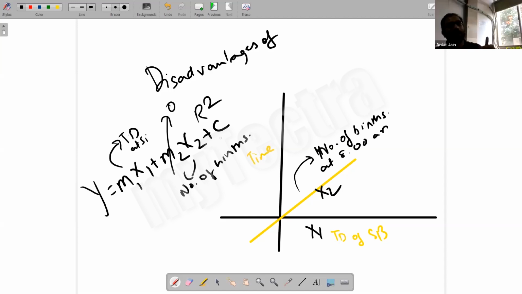So my objective function will not change. That is how it will find out that M2 should be as good as 0. Unless you are using some bad optimization scheme, but that is a different area of study. So what you need to remember is, he didn't take X2 because he had the domain knowledge that X2 is not important. I took X2 because I didn't know that.